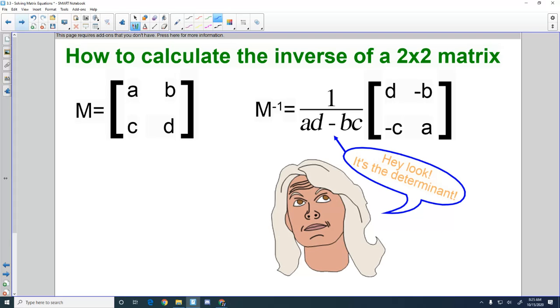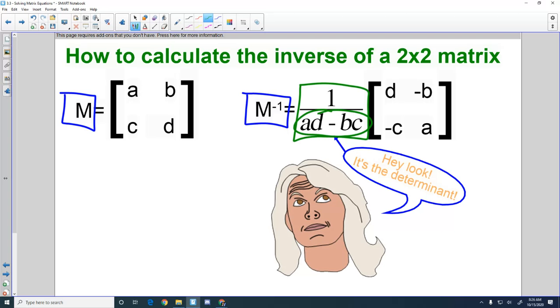Okay. So here is what we were trying to get. If this is matrix M with these 4 elements, A, B, C, D, and we want to find M inverse, okay, how do I calculate the inverse matrix? There are 2 parts to it. First, there's going to be a fraction out in front, 1 over AD minus BC.